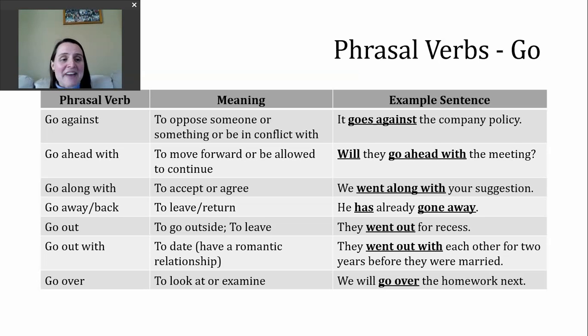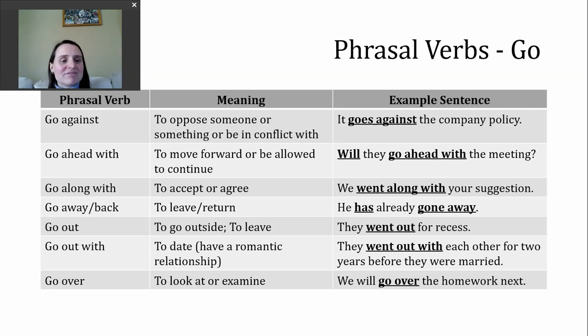The next phrasal verb I have is to go away, which means to leave, or to go back, which means return. So we have the example sentence here, he has already gone away. Another way to say that, he's already left. We could also use go back in just the same way.